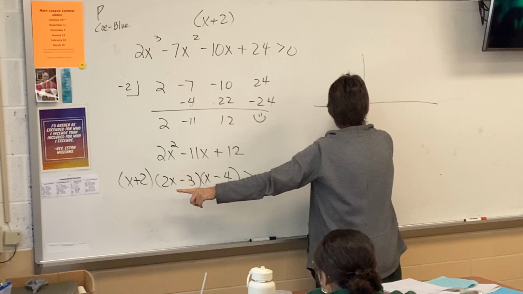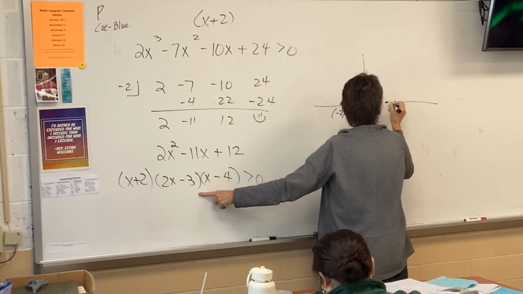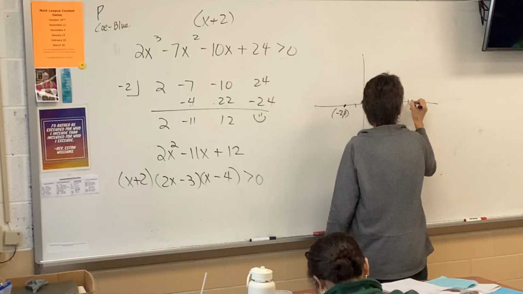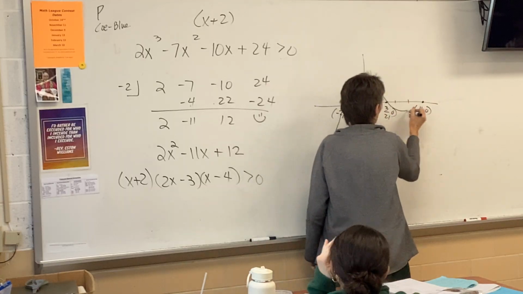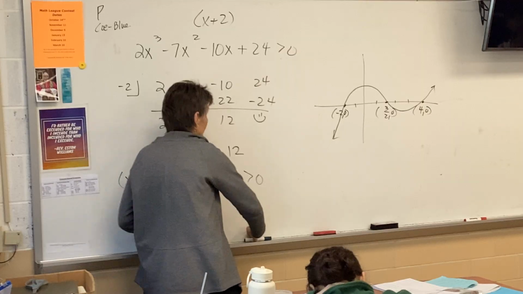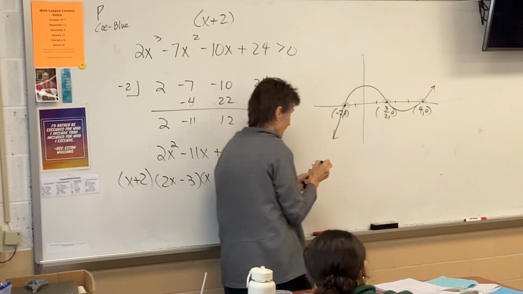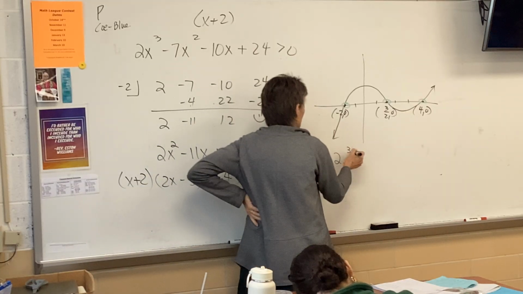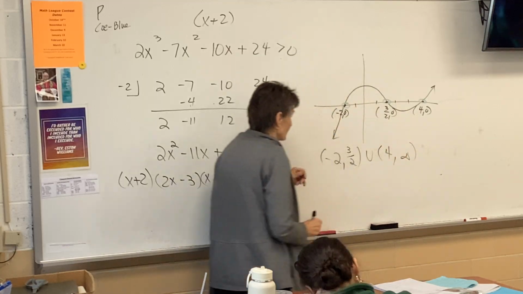So I got a dot at -2, 3 halves, and 4. I'm going to be positive again. This is exactly like the last problem. So -2 to 3 halves, 4 to infinity.